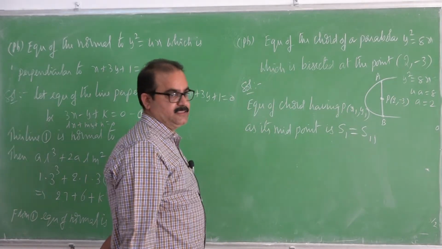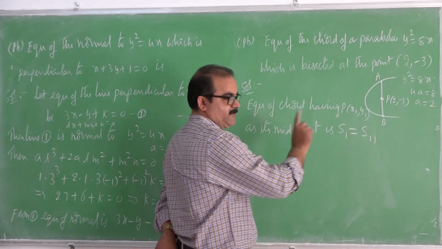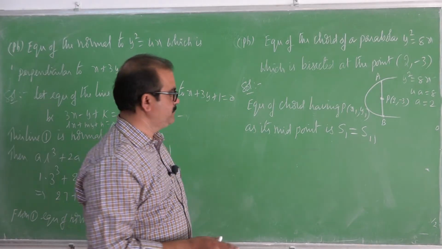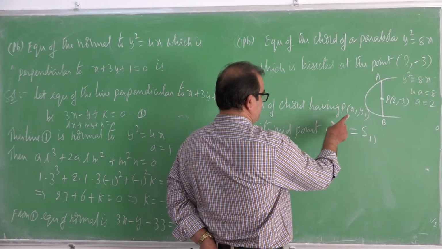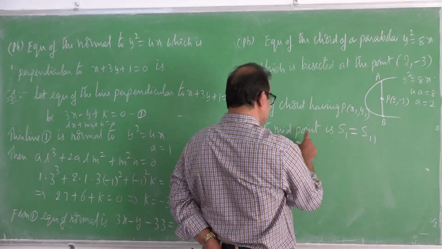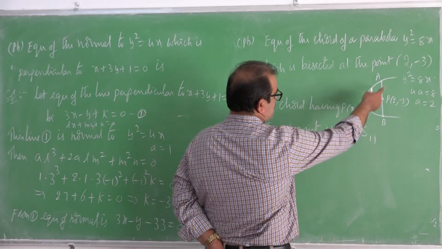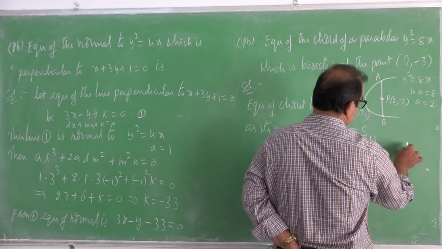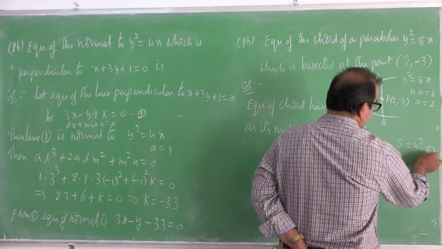This formula is repeated in circles, ellipse and hyperbola also. Formulas are common to all the curves. Okay, the equation of the chord having (x1, y1) as its midpoint is S1 is equal to S11. Here the curve is a parabola. What is the given parabola? y square is equal to 8x, so S is taken as y square minus 8x.